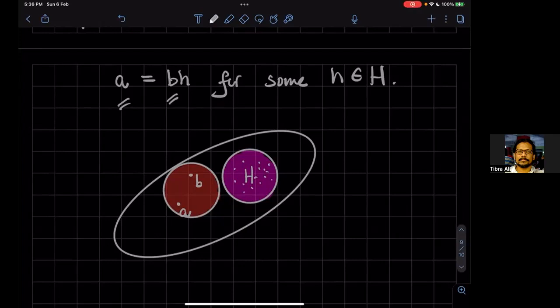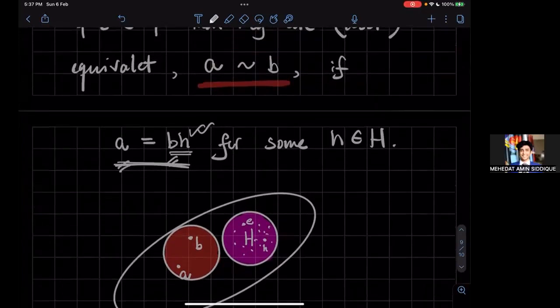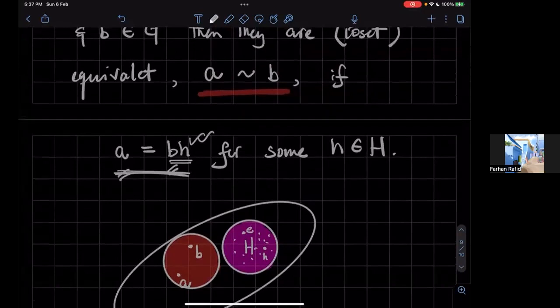If you assume that A and B are in the same coset, then there's going to be some H such that when B multiplies H, we get A. There's another element E, such that when B multiplies E, it just gives back B. But there's some other element H such that when B multiplies H, it gives you A. So A equivalent to B means they are in the same coset.